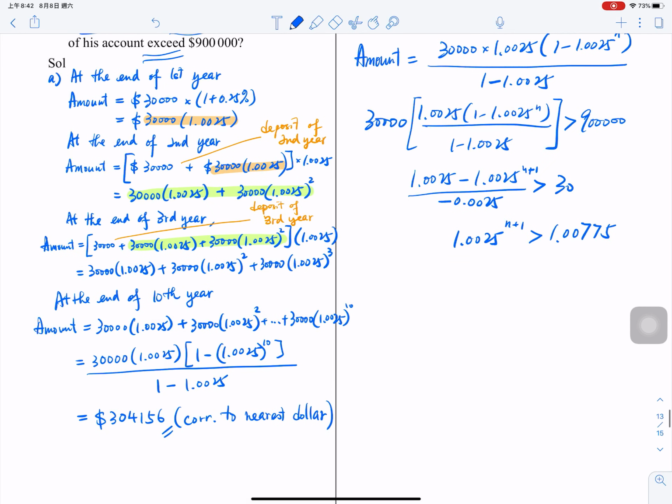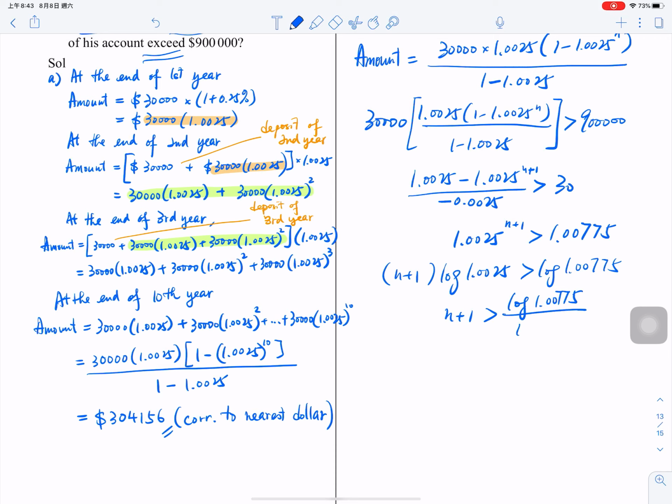Okay, I take log on both sides. Okay, so n plus 1 greater than this one. And you found that this one n greater than 28.89.